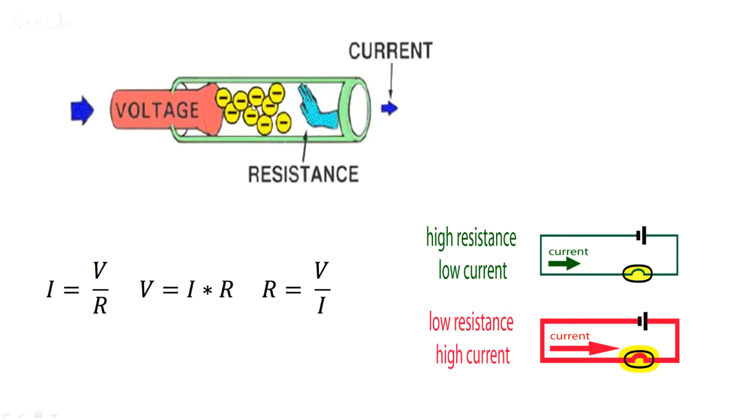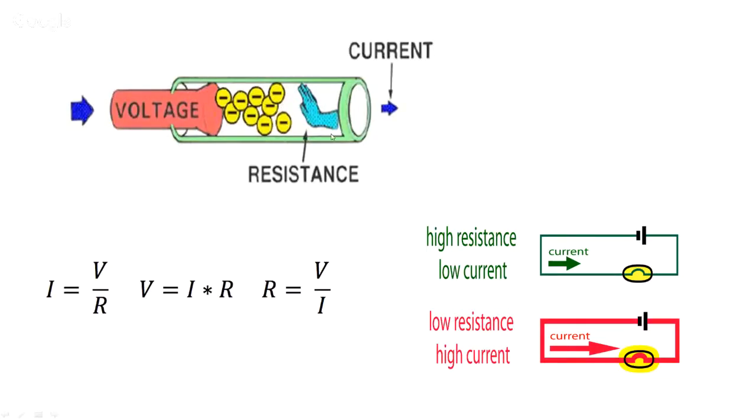So here in this figure, you can understand the concept of resistance. Whenever current has to flow in a conductor, you have to apply a voltage. When a voltage is applied, the current flows in the conductor. We know that current is nothing but the flow of electrons.